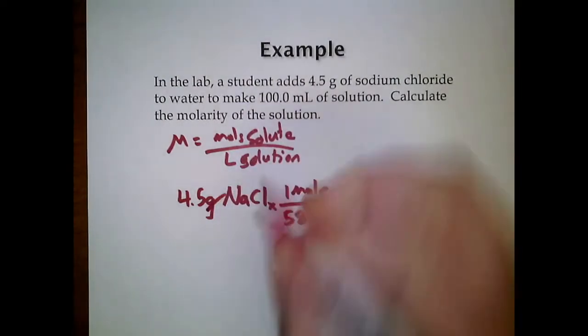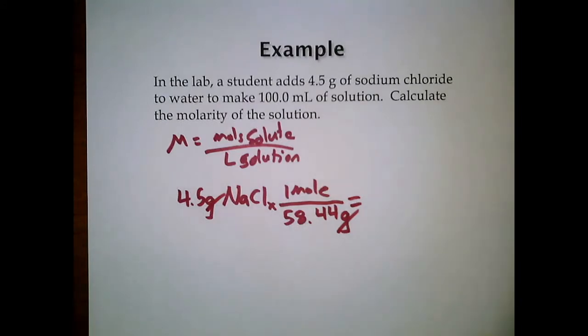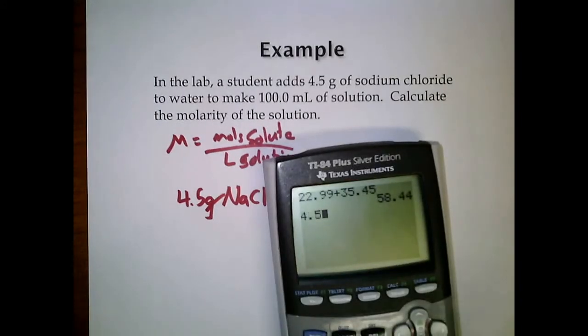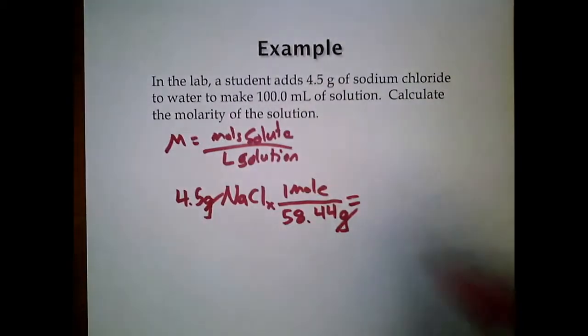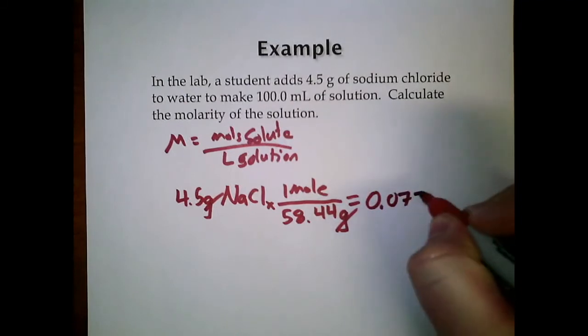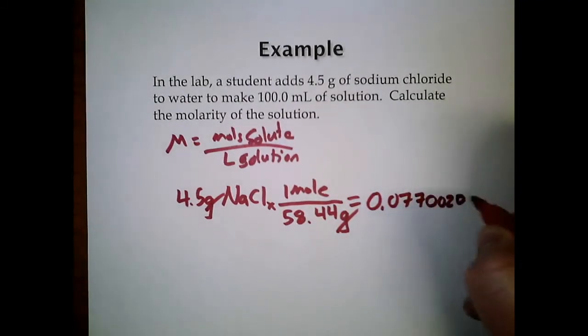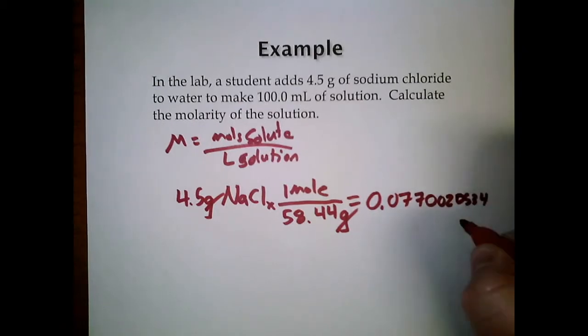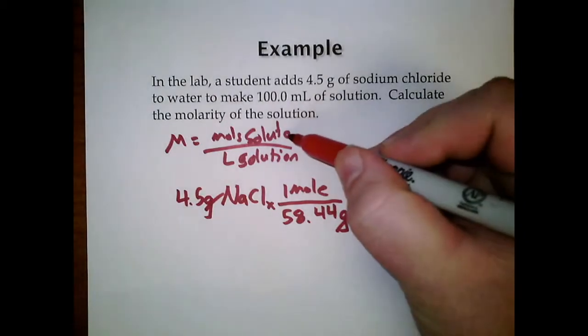Grams cancel. 4.5 times 1 divided by 58.44 is 0.077002053 moles. So I have moles of solute that I'm dissolving.